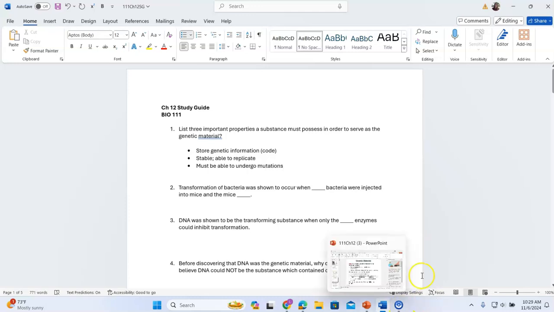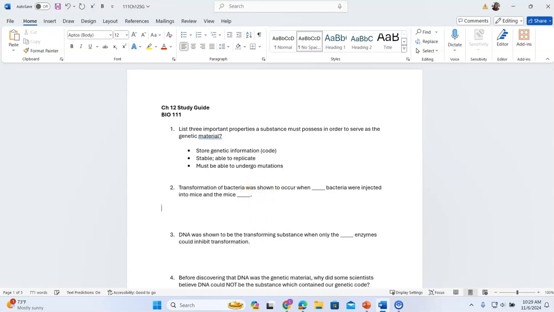Okay, sorry about that. And then on the next question, it says transformation of bacteria was shown to occur when blank bacteria were injected into mice. So the transformation came from 2 types of bacteria.